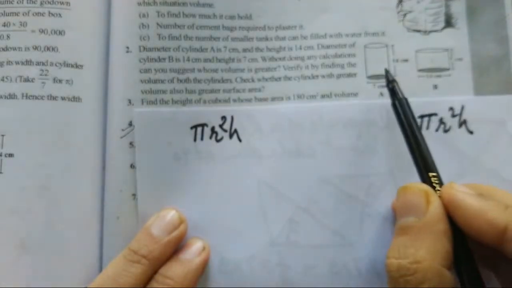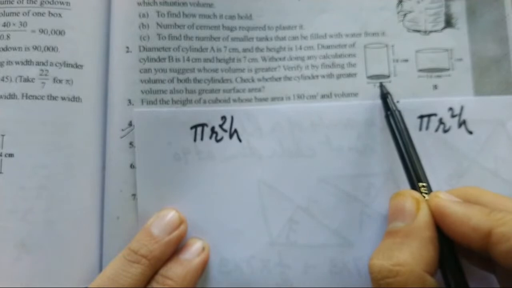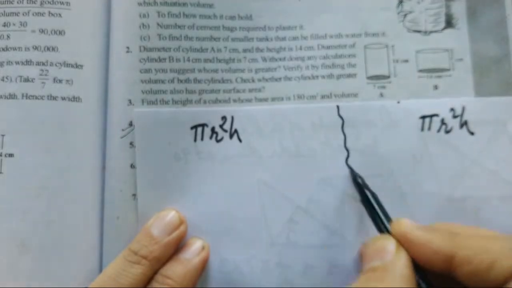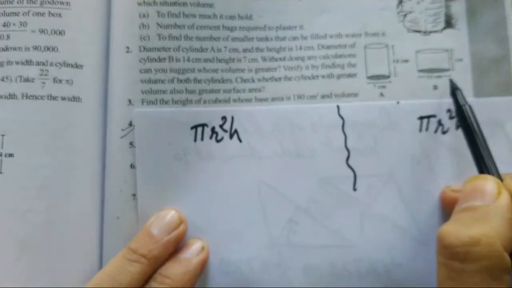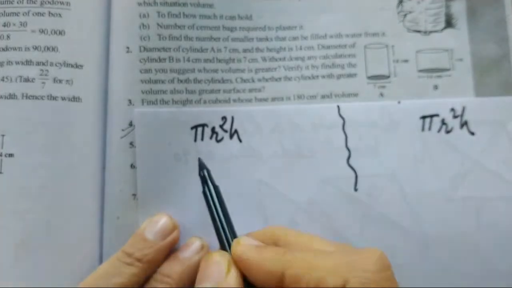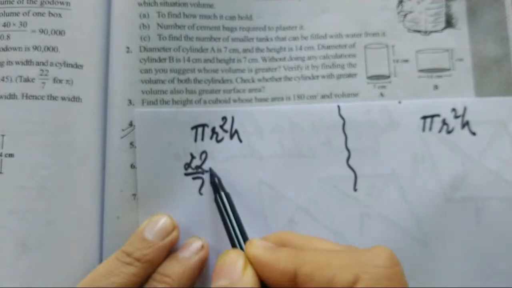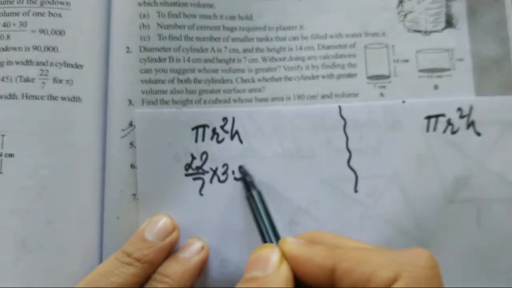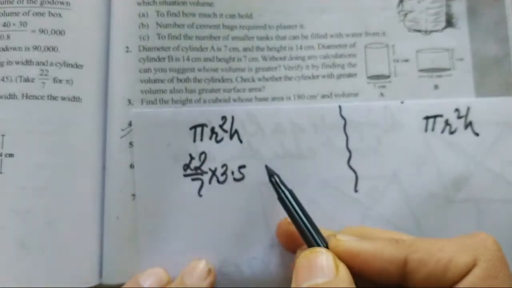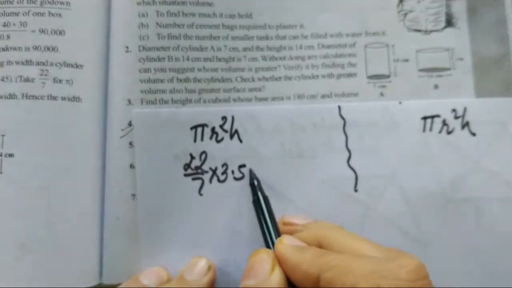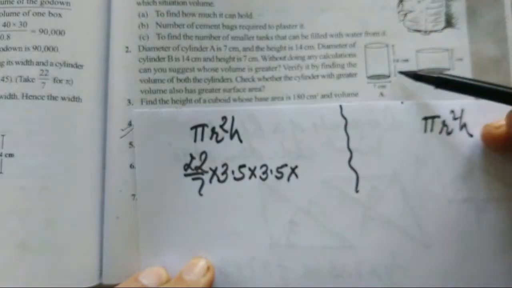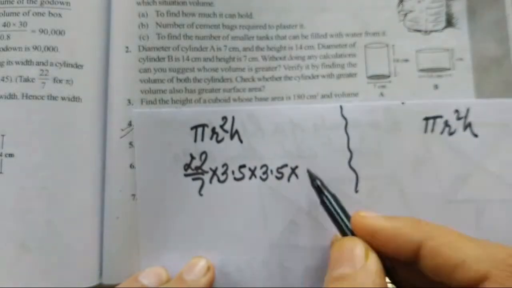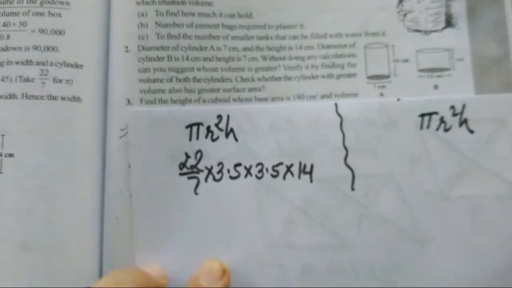So in this cylinder, the full diameter is 7, and this diameter is 14. So the radius of this cylinder will be 3.5 because the diameter is 7. So it will be 22 upon 7 into 3.5 into 3.5 into the height. Height is given as 14.